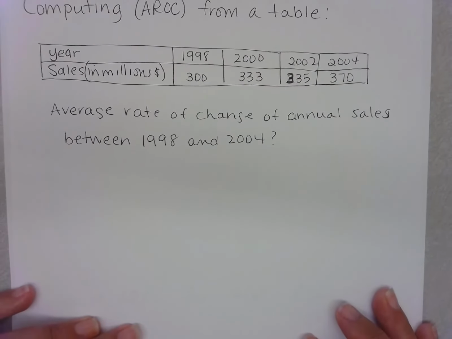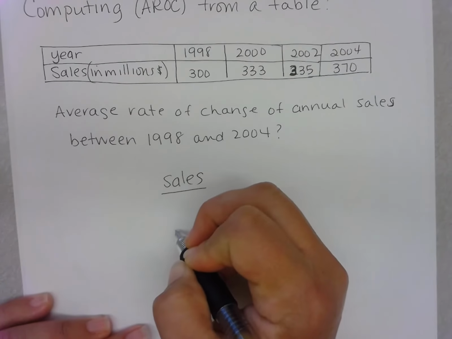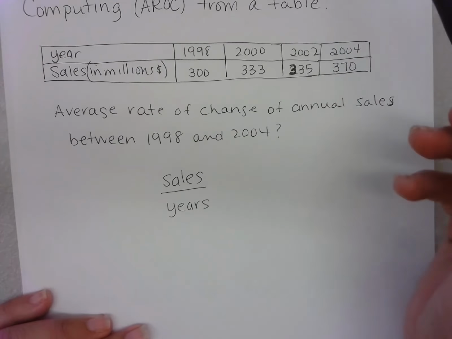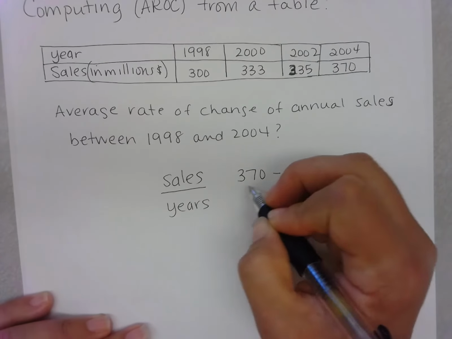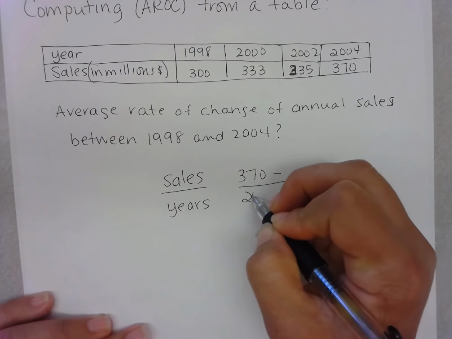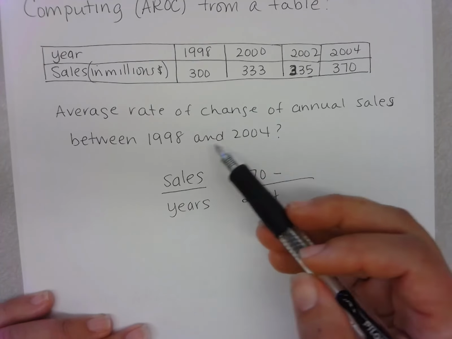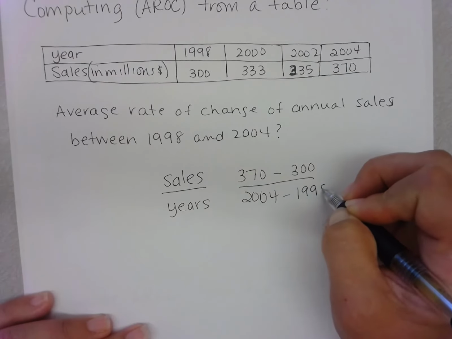So what if we have a table? A table is just slightly easier than a graph. If we wanted to calculate the average rate of change of annual sales between 1998 and 2004, we would calculate that as the change in sales over the change in years. The sales for 2004 are 370, so I use 2004 first, and then 1998 is 300.